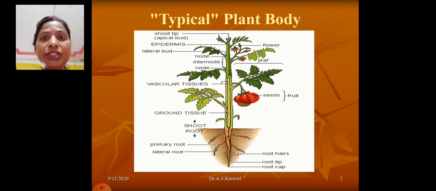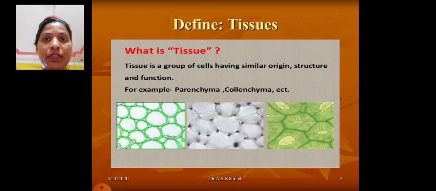Now each and every plant organ or plant body is made up of a number of tissues. So let's study what tissues are. Here is the definition. Tissue is a group of cells having similar origin, structure and function.